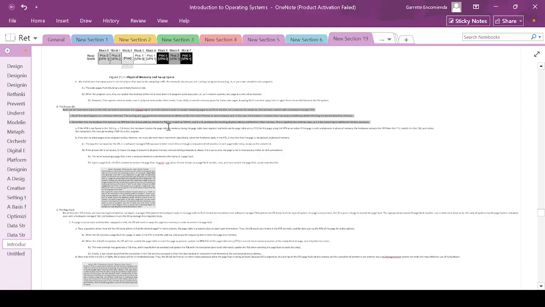The running process generates virtual memory references, like for instruction fetches or data accesses, and in this case the hardware translates them into physical addresses before fetching the desired data from memory.